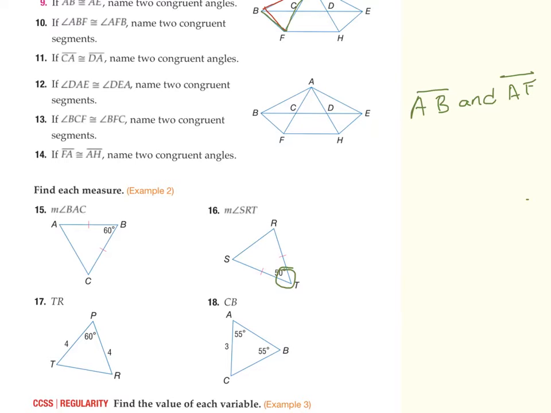And remember, since the sides are congruent, this is an isosceles triangle. Since the sides are congruent, that means that these two angles are congruent, right? And remember, all triangles are 180 degrees, so I'm going to subtract 50 from 180, right? And that gives us 130.